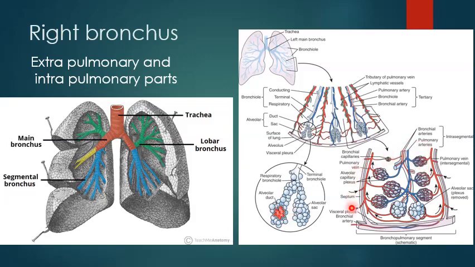So in this image, a little magnified, if we see here, these are the tertiary bronchi along with the bronchial arteries, and then the pulmonary arteries also here, whereas this is the septa, and along the septa we are seeing the pulmonary vein running. So this is a schematic representation of a bronchopulmonary segment, right?